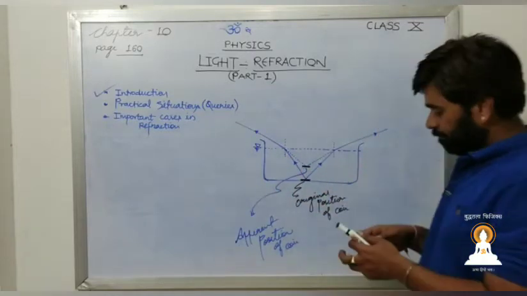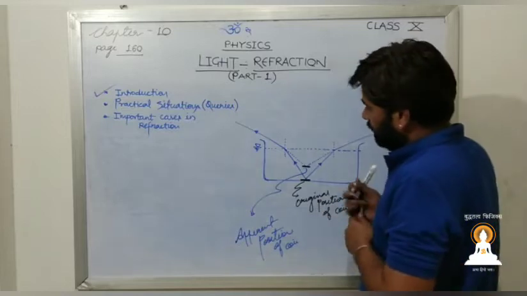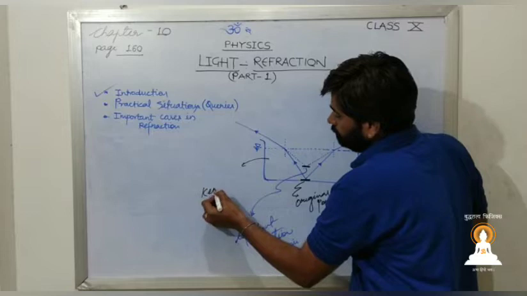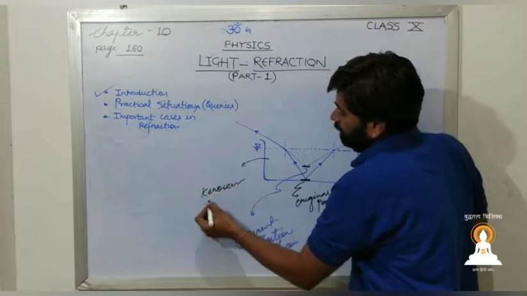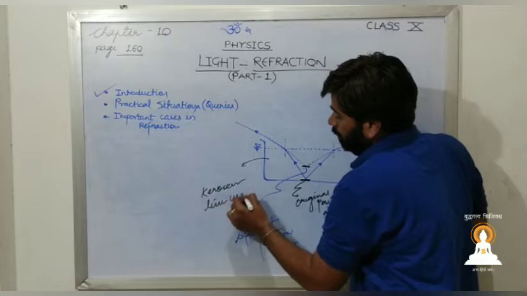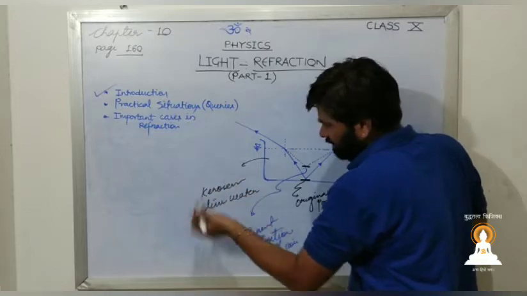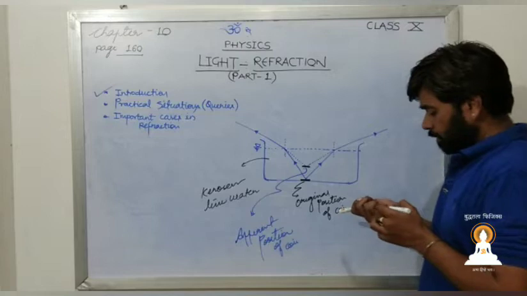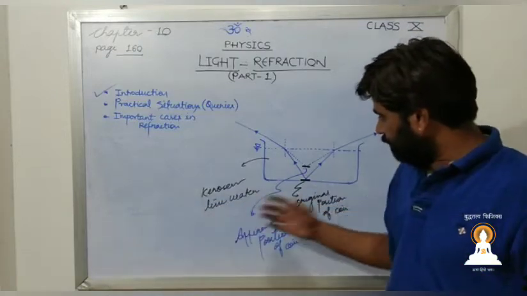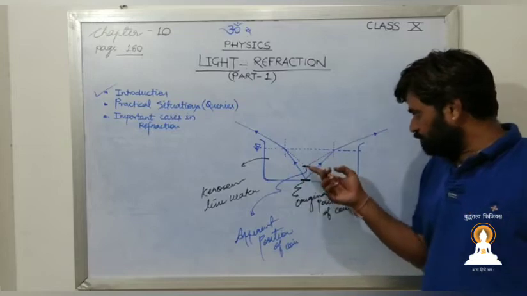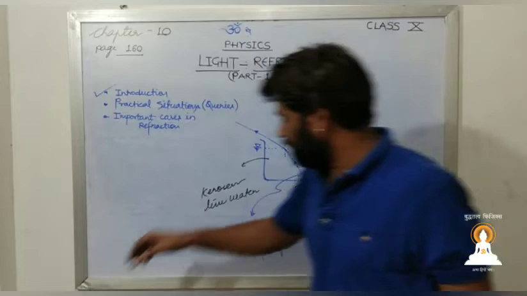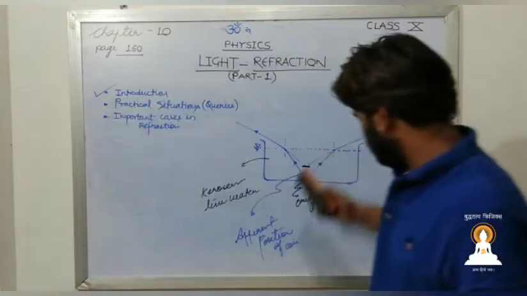Now sir, you are taking water. Suppose I take kerosene or lime water or any other transparent medium. Definitely you may, but in different media you will have a different position of this coin, because of the refractive index, which we will talk about later on.